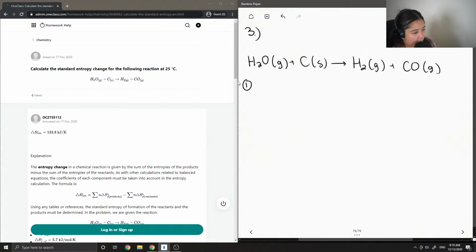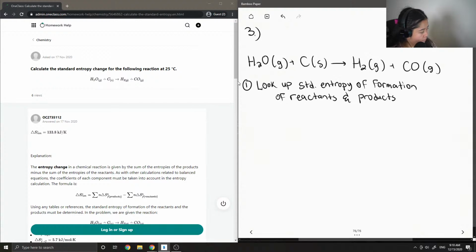Okay, so the first part of answering the question is just to look up the standard entropy of formation of both reactants and products. Let me just write down everything we need to find.